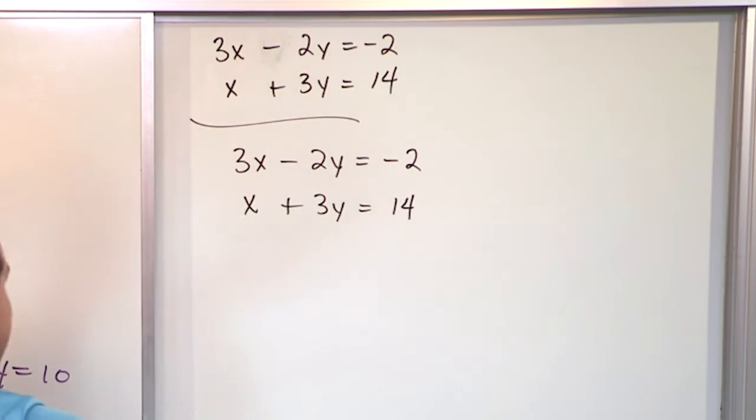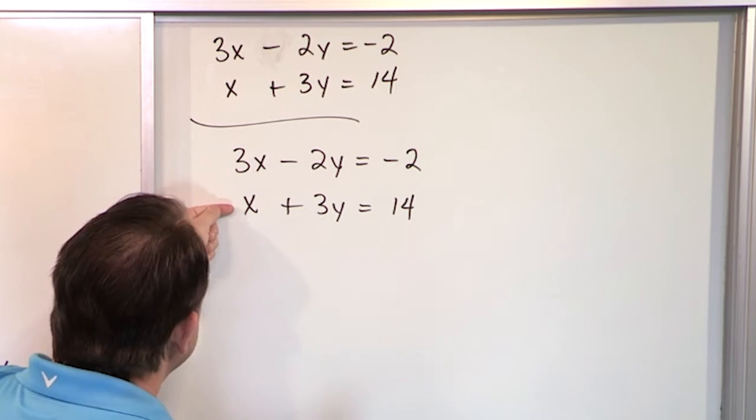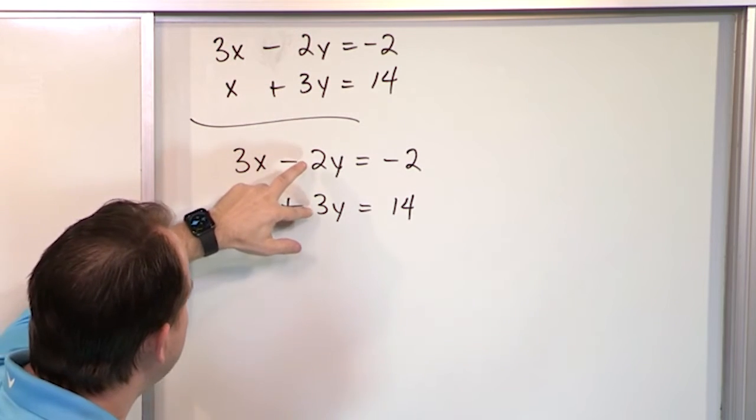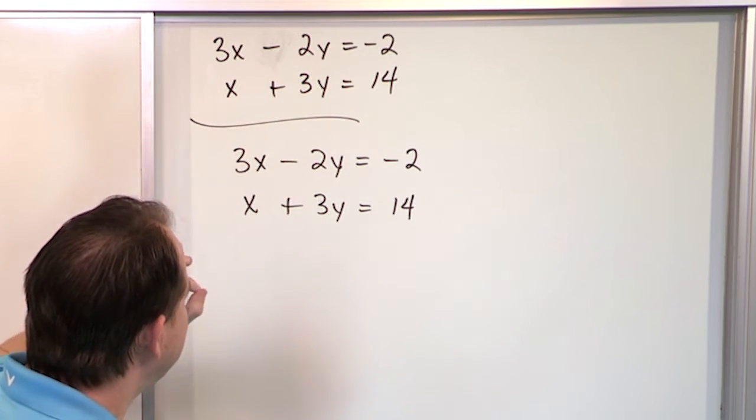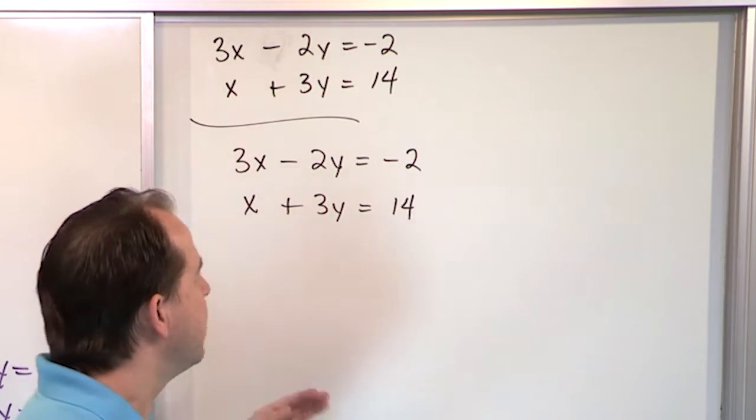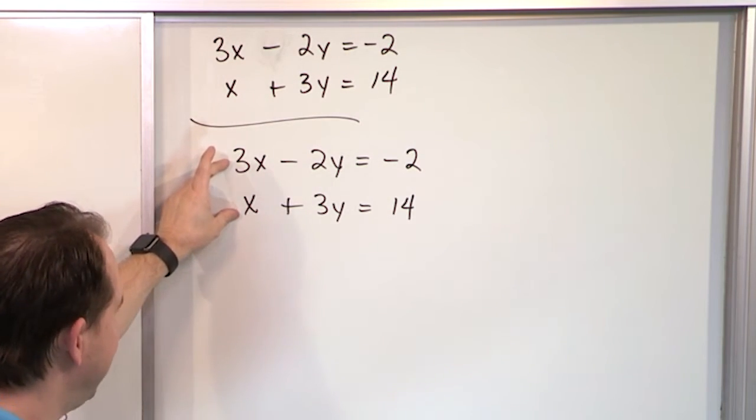Now I have to start thinking about what I want to do. Well, I have a 3x and an x, and a 2y and a 3y. So this makes it hard. I can't cancel y's very easily. I will get to problems later where you can do that. But I know that I can cancel x's very easily.